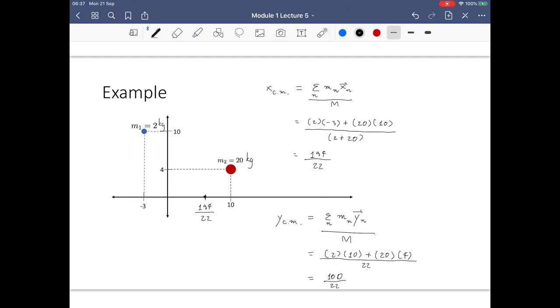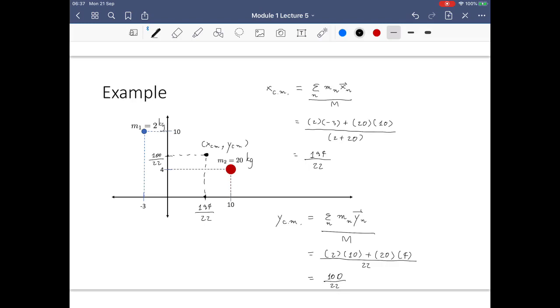So that is the position of ycm, and that would be somewhere around here. Suppose that is 100 over 22, which is nearly 5, 4 something. So you can see that this is the position of xcm and ycm, which is the position of the center of mass.